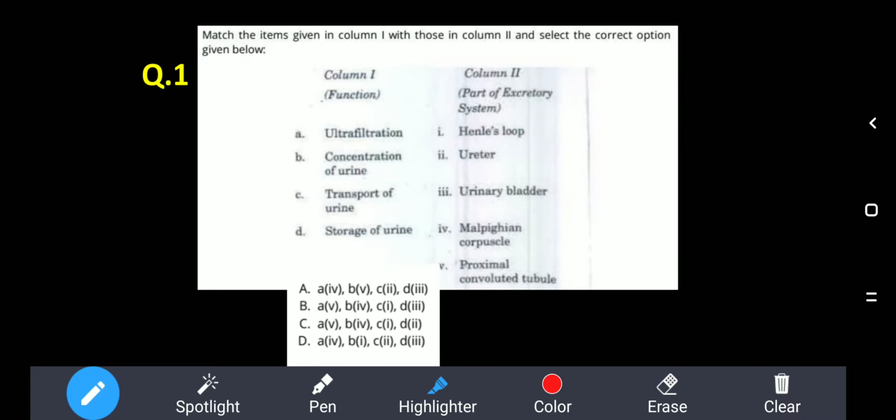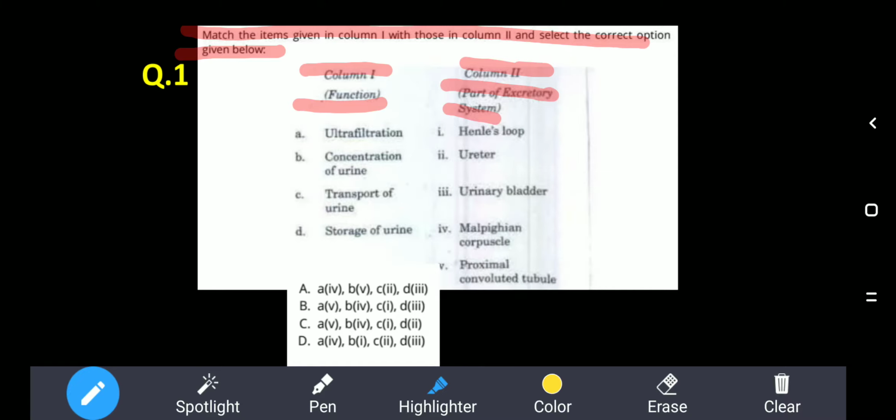And we have got the first question as: match the items given in column 1 with those in column 2 and select the correct option given below. In column 1, functions are given, and column 2 has parts of the excretory system.